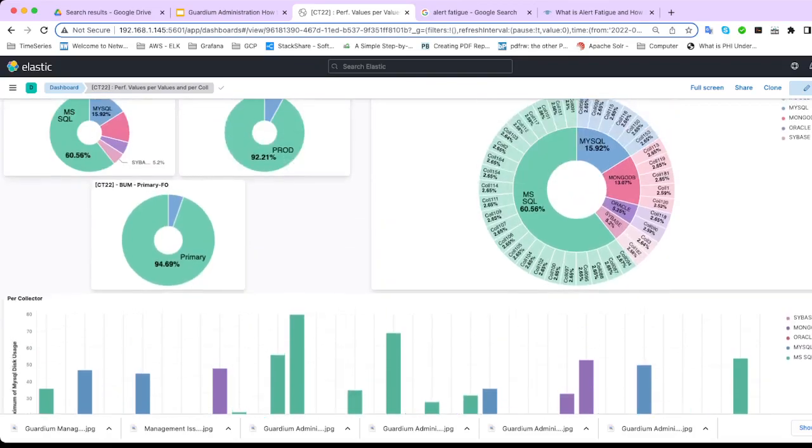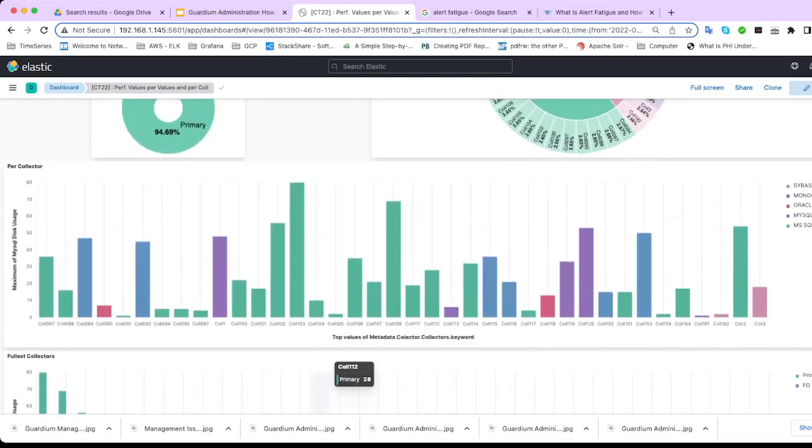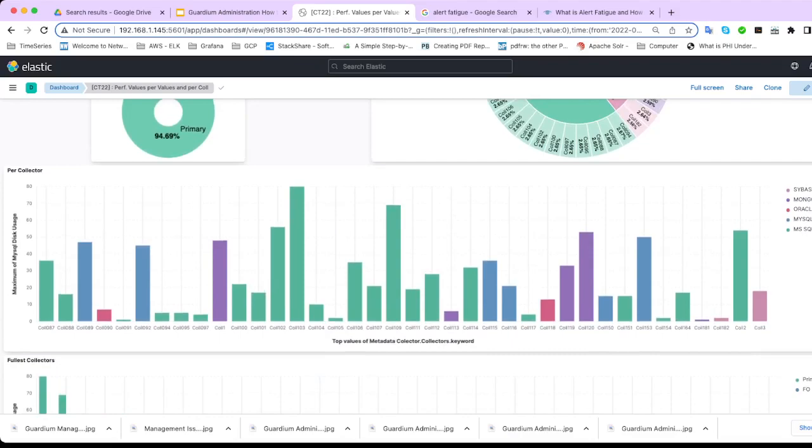Since you are interested in what's going on recently, the period of time doesn't have to be several months. It's just a few hours or maybe one day, and the maximum is really what you are interested in. You can see that two collectors stick out.